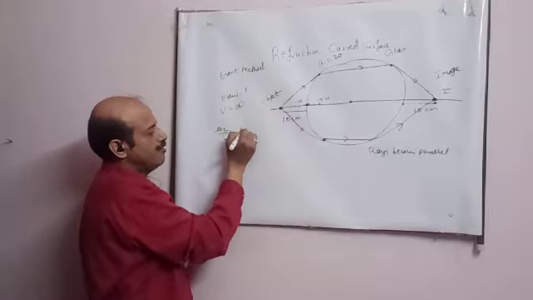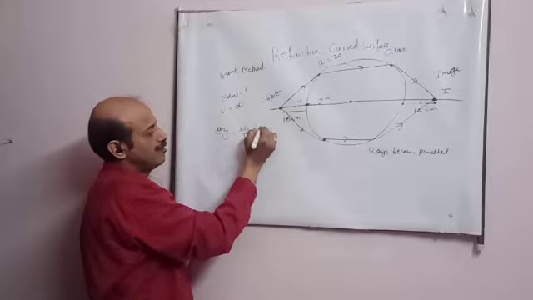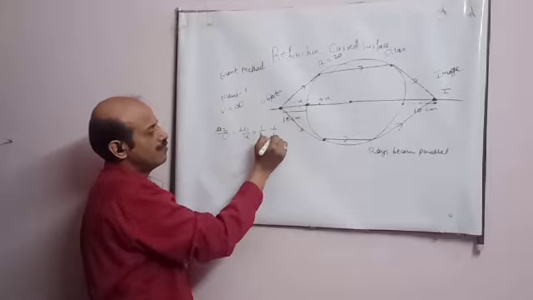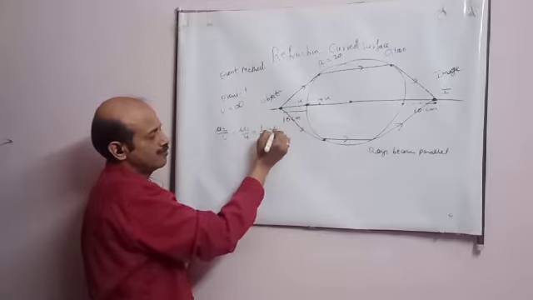Mu 2 upon V minus mu 1 upon U is equal to mu 2 minus mu 1 upon R, that is 1 upon R1 minus 1 upon R2.